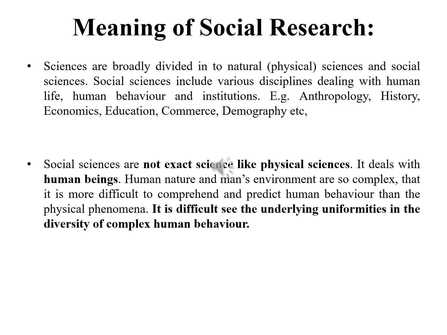Social sciences are not exact sciences in the same way as physical sciences because they deal with human beings. Human nature and the social environment are complex. Therefore, understanding and predicting human behavior is very difficult. Think about it: if you study an object under controlled conditions, its behavior may be relatively predictable, but humans can change their opinions.